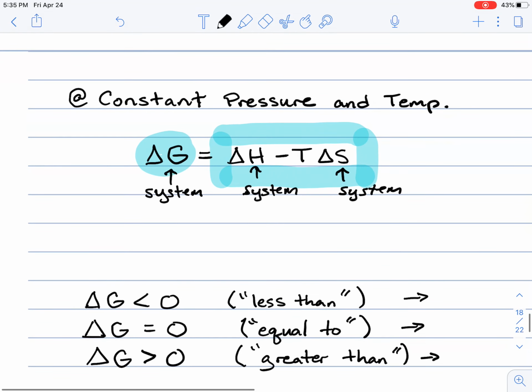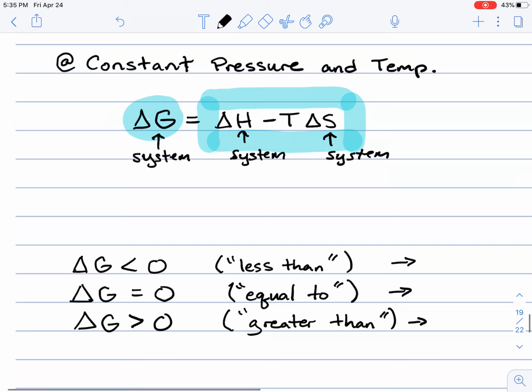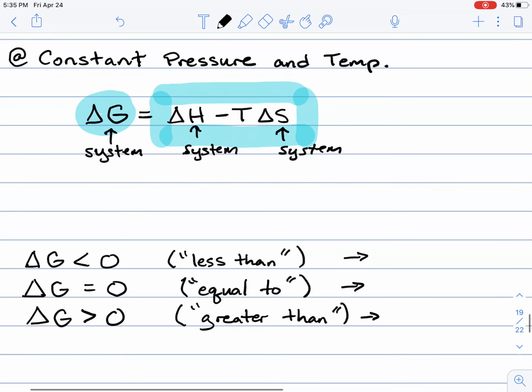Okay, so let's go ahead and talk about that. What would happen if the Gibbs free energy is less than 0, equal to 0, or greater than 0? And so if you were to perform all these calculations in lab or on an exam or on a homework or worksheet, what does the sign of the change in Gibbs free energy tell us?